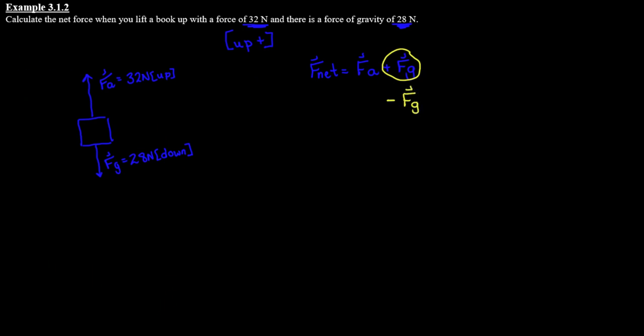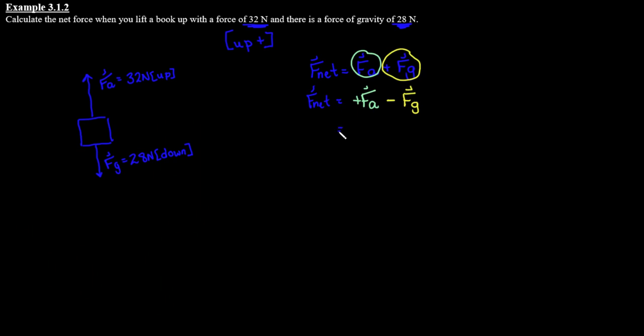The applied force acts up for us, right? So because the applied force acts up, we're plugging it in as a positive vector quantity in this case. And that will allow us to solve for the net force acting on our book.